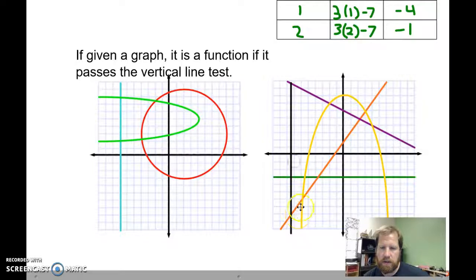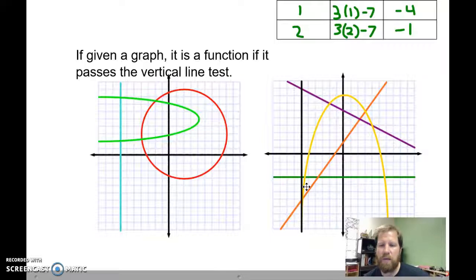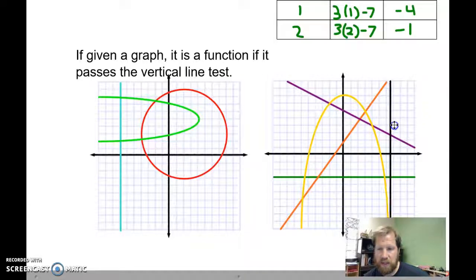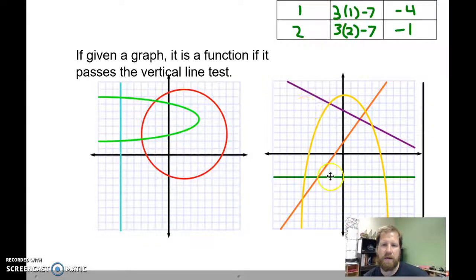This yellow one is called a parabola, and it might look like I'm going to touch it in more than one place, but if I zoomed in really close, we would see that for every specific x value, I'm really only touching it in one y value. It's just changing, it's going over really slowly here down at the bottom. But if I scroll over, I'm only going to cross in one place at a time. So all of these lines are functions, and all of these lines are not functions.